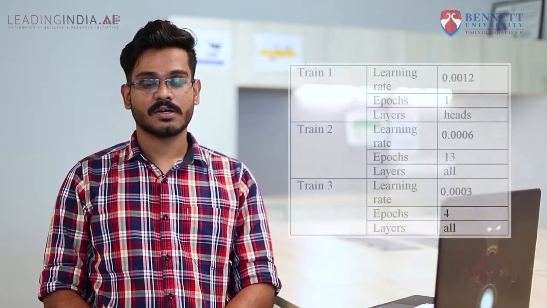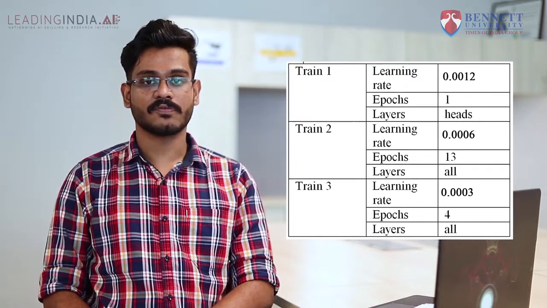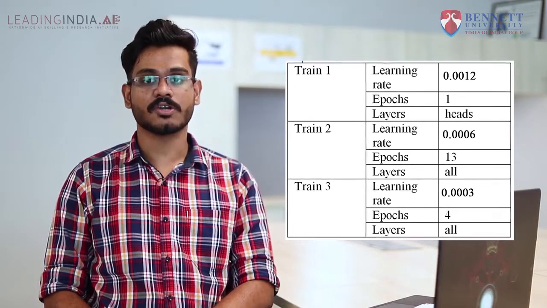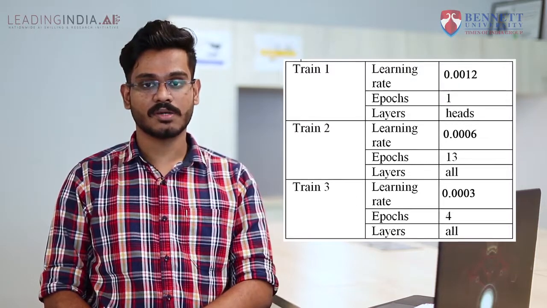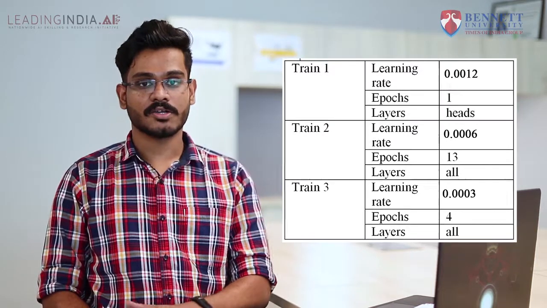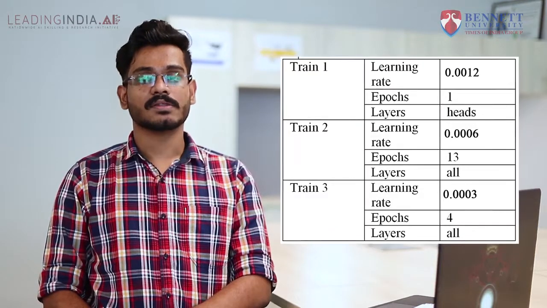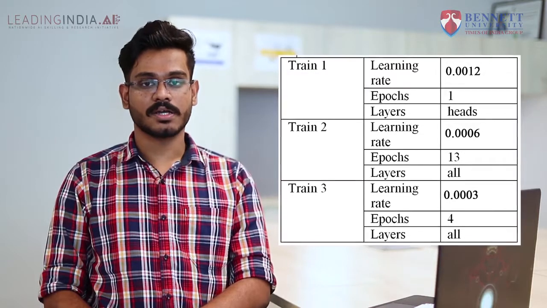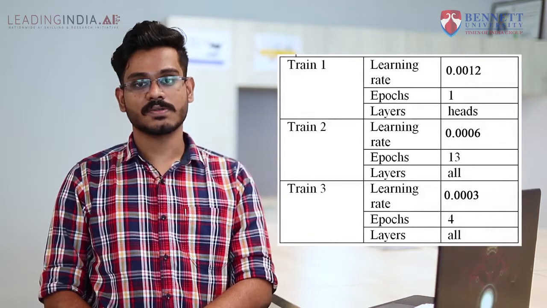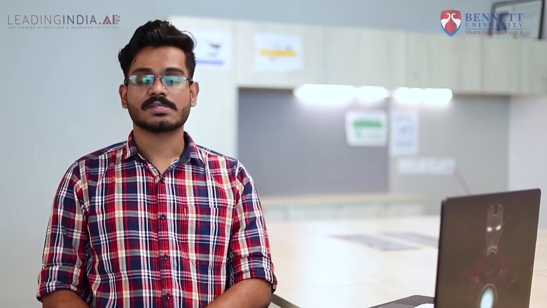The first session has 1 epoch and a learning rate of 12 × 10⁻², with no image augmentation. The second session is set to run for 13 epochs and a learning rate of 6 × 10⁻⁴ with image augmentation. And the third part is set to run for 4 epochs and a learning rate of 3 × 10⁻⁴, with light to medium augmentation, same as the second.